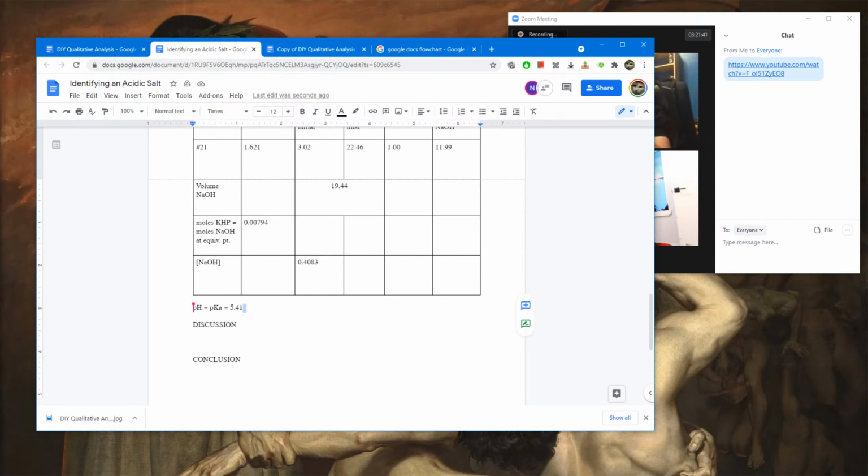So I see, it's half of the volume. The half equivalence point is half of the volume.